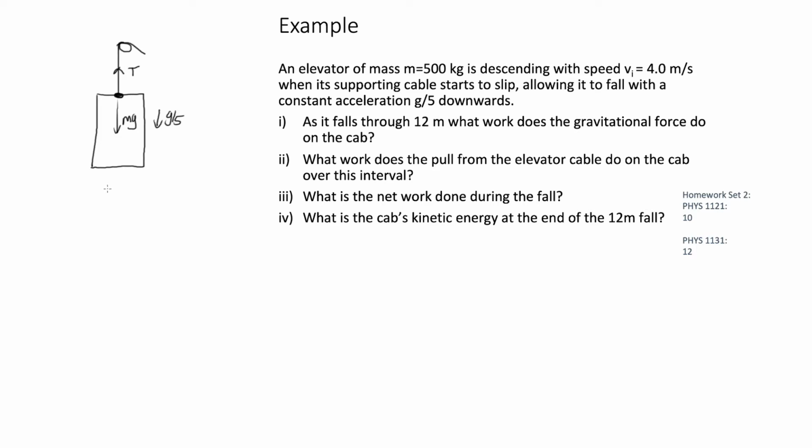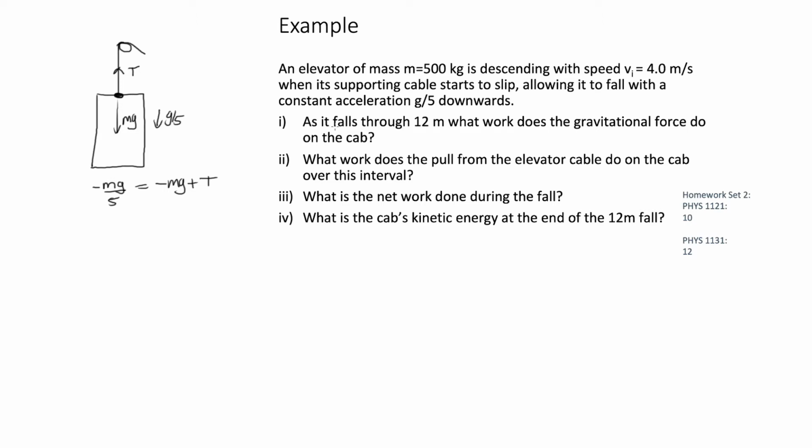So Newton's second law tells us that downwards we've got minus mg/5. This is the ma, the net acceleration, and that's equal to the sum of the forces. So we've got the weight force pulling it down, and then we've got the tension force pulling it up.